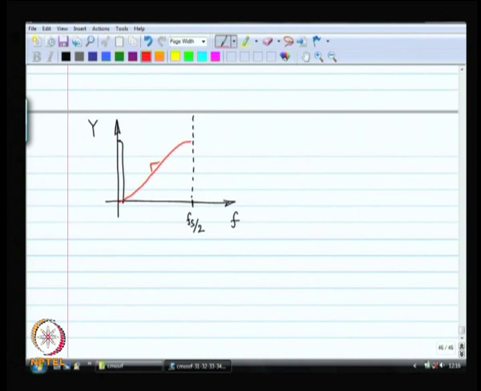So, if you plot this in the log scale, if you plot the x axis in log scale, then you will see a certain slope, and that slope is going to be equal to 20 times n, n is the order of the transfer function. Okay. So, we are going to stop here, and in the next lecture we are going to try to use this sigma delta to our advantage.